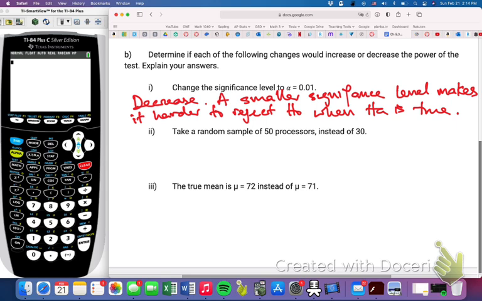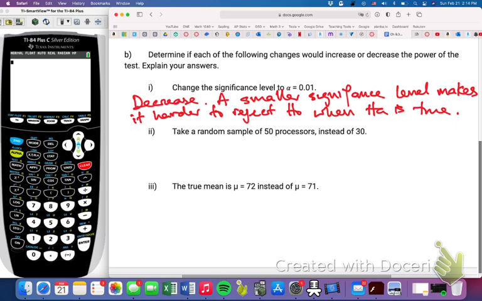It makes it more difficult because we reject when your p-value is less than your alpha. So if you reduce your alpha, your p-value has to be really small. In this case, your p-value has to be smaller than 0.01 to reject it. So your power actually decreases, because the smaller significance level makes it harder to reject H naught when your alternate hypothesis is actually true.